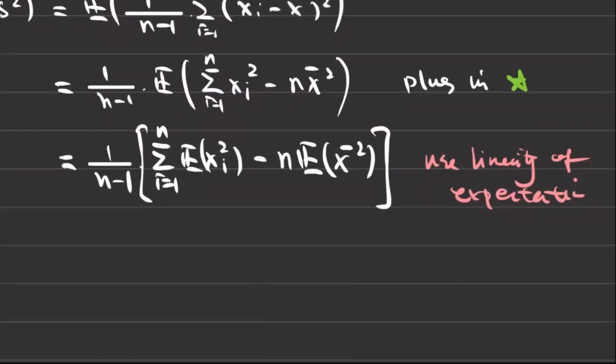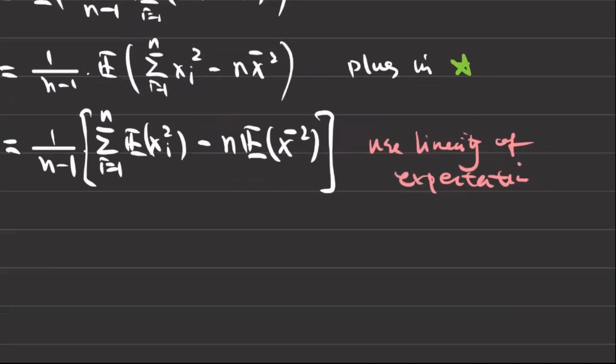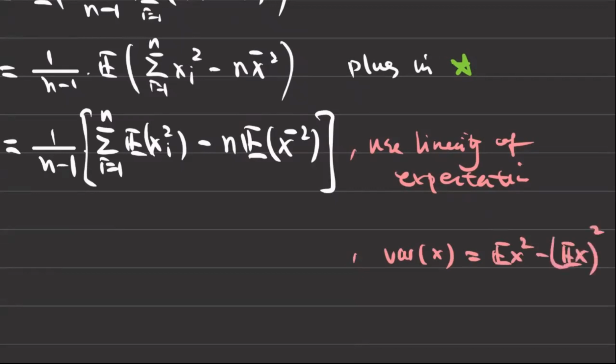Now from here, we're one step closer to the truth. The interesting thing here is that there is another identity. So the other identity, let's write that down here on the right-hand side, is the variance of x, which can be written as expectation of x squared subtract expectation of x, in parentheses, squared.